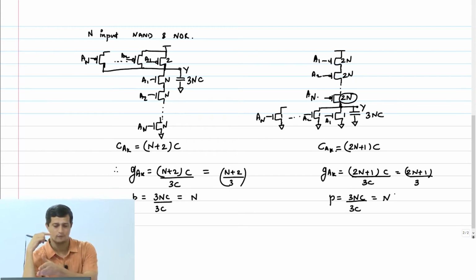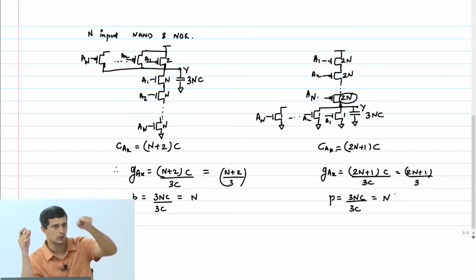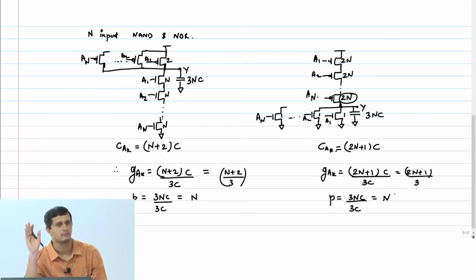Of course, this approximation doesn't hold there, counting just the output diffusion capacitance. You have to calculate the actual Elmore delay, right? This approximation is also assuming that the stack is not very large. So therefore, don't make logic gates with more than 4 transistors on either stack.